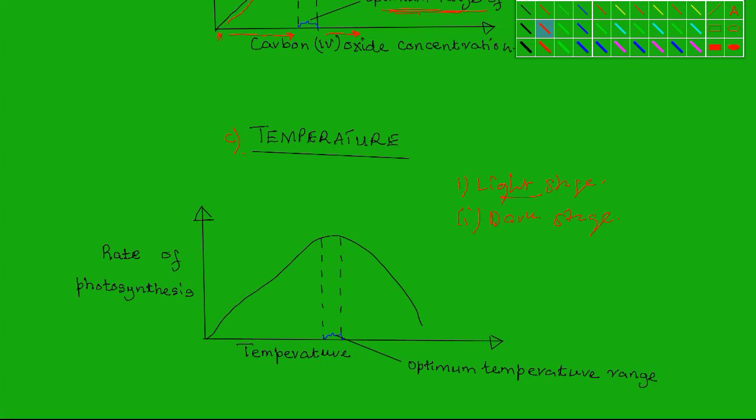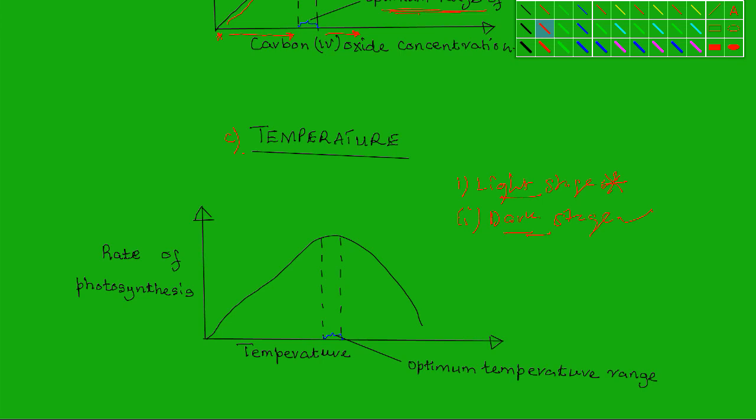So the light stage does not depend on temperature, is not affected by the temperature, but the dark stage is influenced by temperature. This is because the reactions that take place in the dark stage, that is the carbon dioxide fixation, is enzyme controlled, and enzymes are affected by temperature.